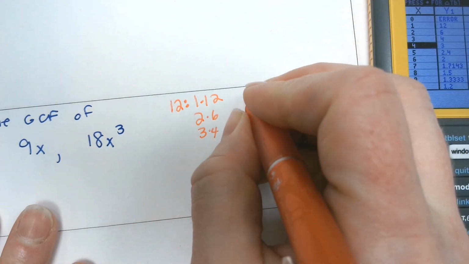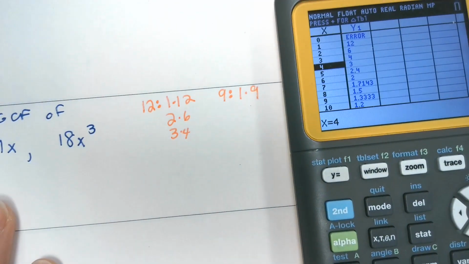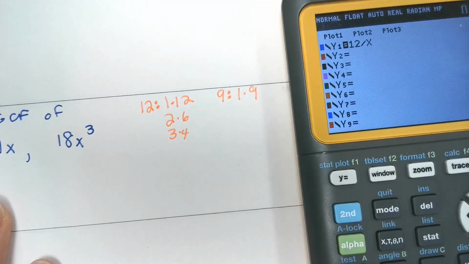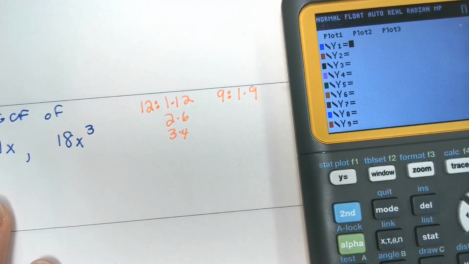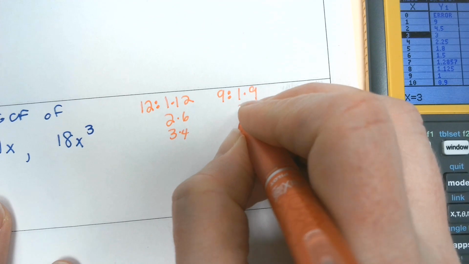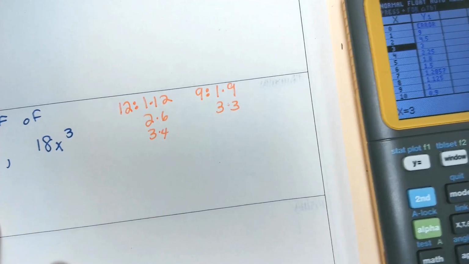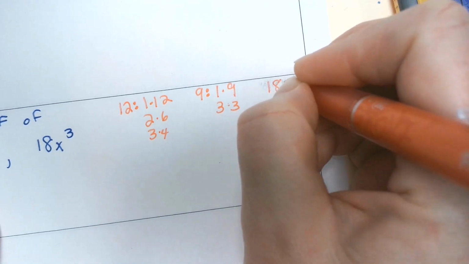Then we do 9. So you start out with 1 times 9. So 9 divided by x. 1 times 9, 3 times 3. Once it repeats, you're done. Then we do 18.